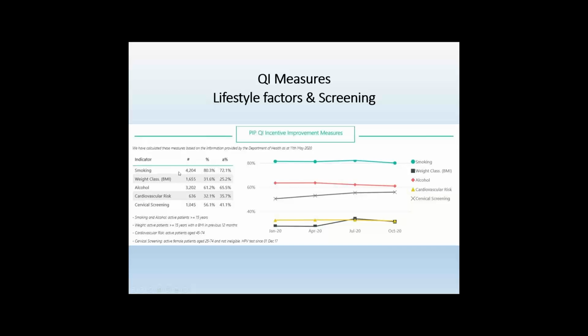And then in the second column, we're showing the number of patients in the relevant category who have those measures present, and what that equates to as a percentage of the relevant population, and how that compares with the area average. And again, we've got the graph on the right showing how those different measures are tracking across the quarters.